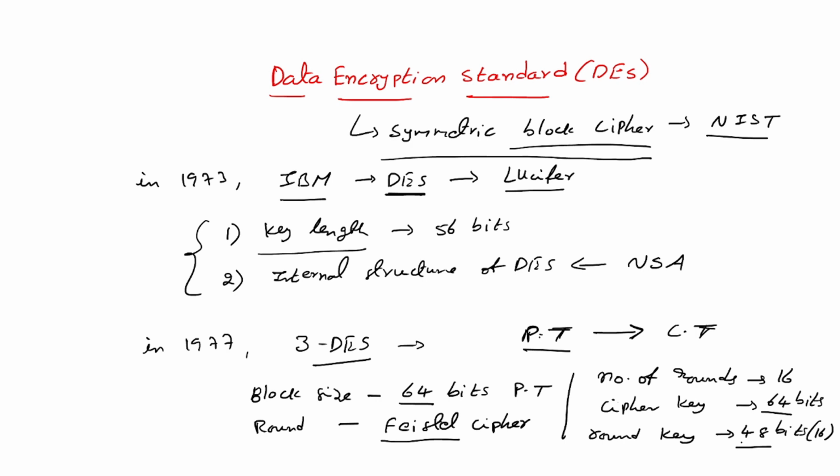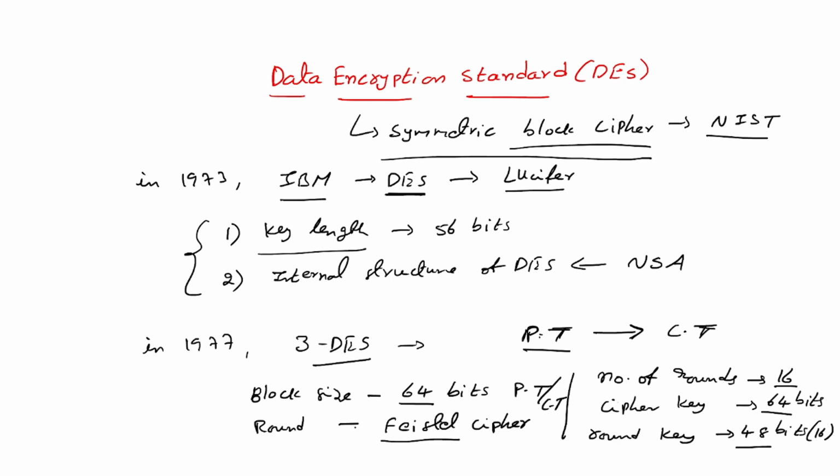Each 48-bit key will be given as input to each round. So for a total of 16 rounds we need to give 16 48-bit sub keys, that is called the round key. So the block size is 64 bits: 64-bit plain text generates 64-bit ciphertext also.